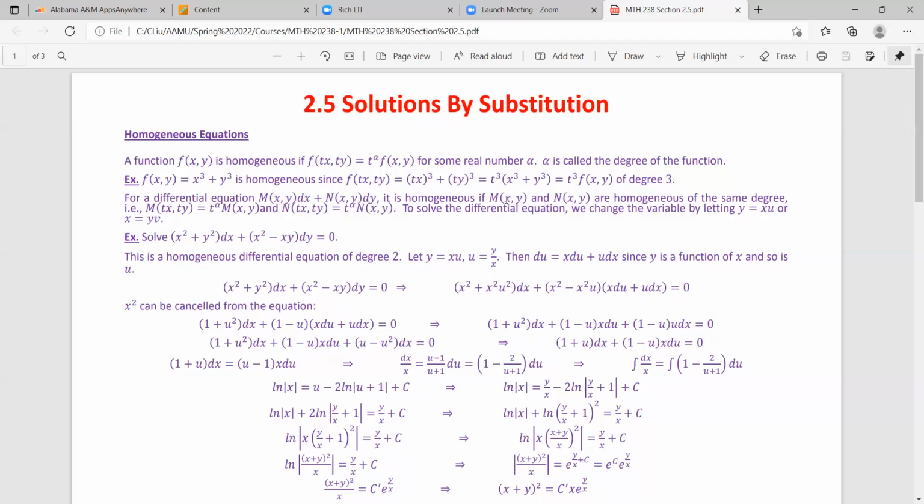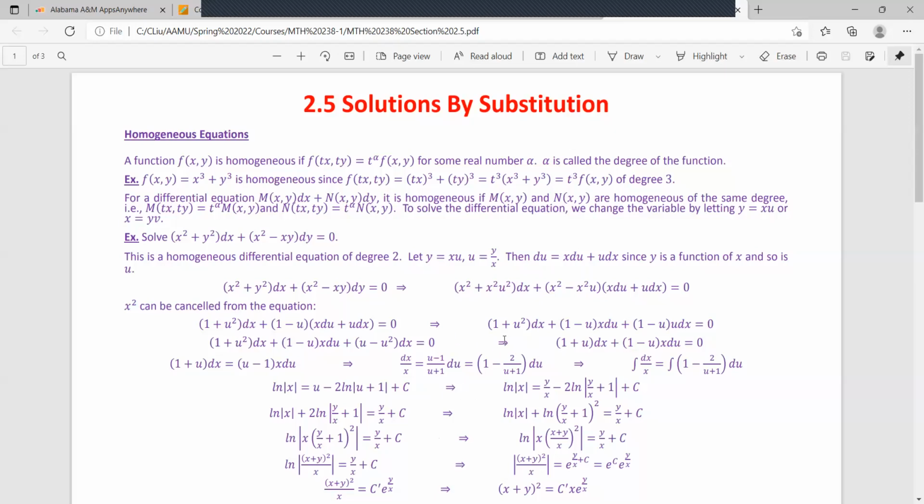You can see it involves quite some steps, and it's not straightforward. We have to do substitution y equal to xu and solve for u from the new differential equation. And then we need to come back to the original function y and do a little simplification of the answer.